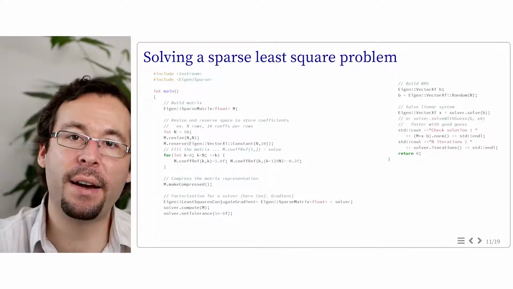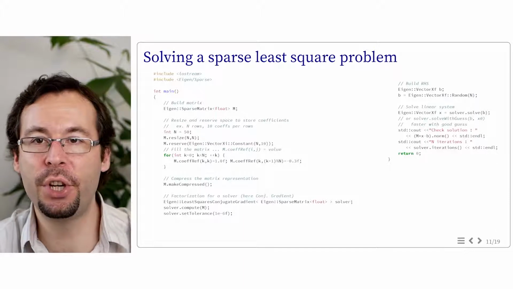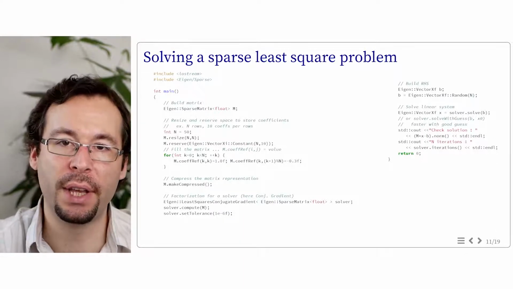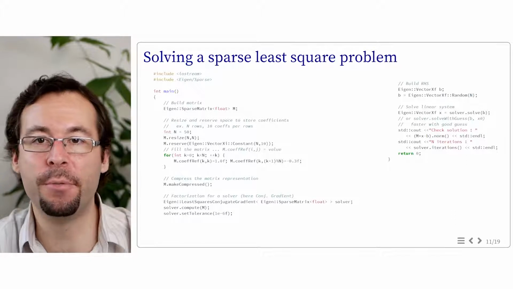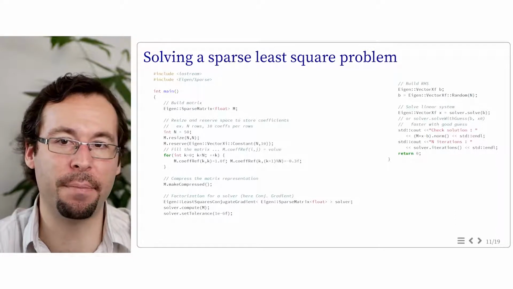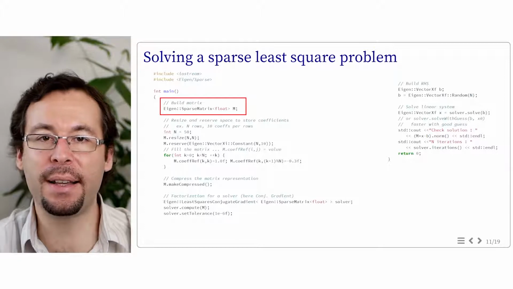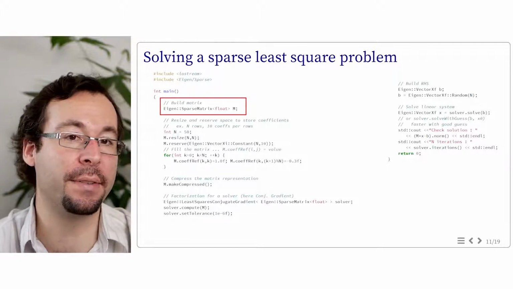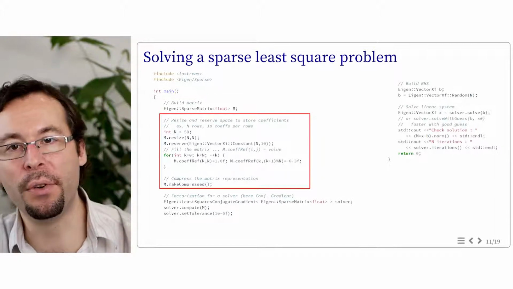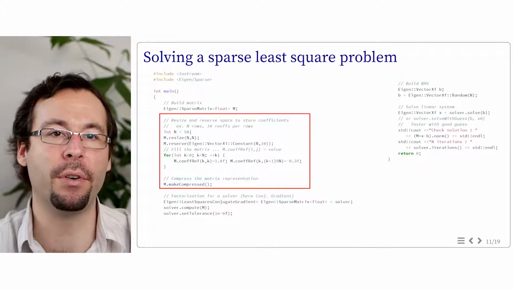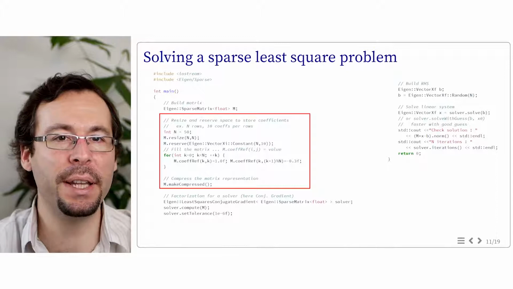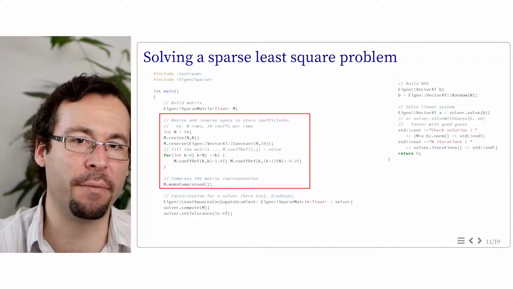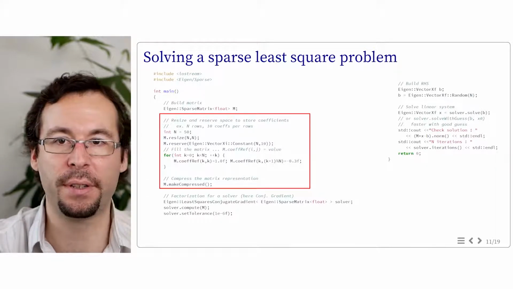In our case, we have a large sparse matrix, so we should avoid storing all the zeros. And Eigen proposes dedicated containers and algorithms for sparse linear systems. So the principle is similar, except that we use the sparse matrix structure. We also fill the matrix with the non-zero coefficients only, and we can indicate in advance to Eigen how many non-zero coefficients we should reserve on each row to be more efficient.